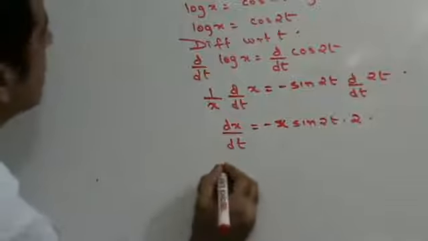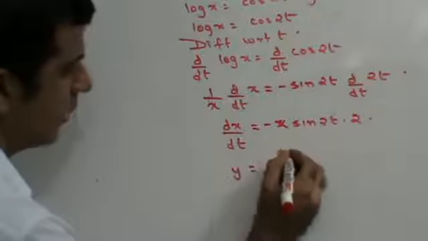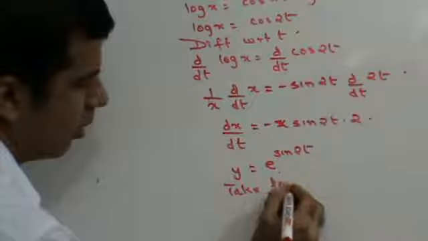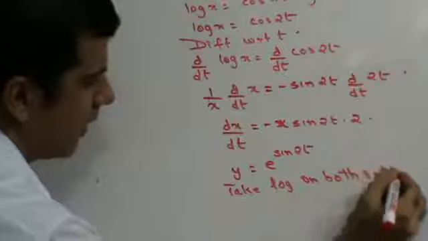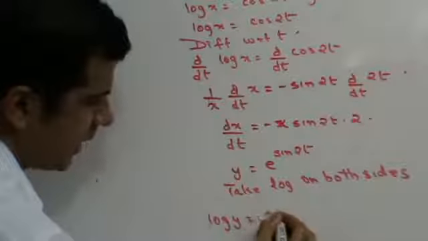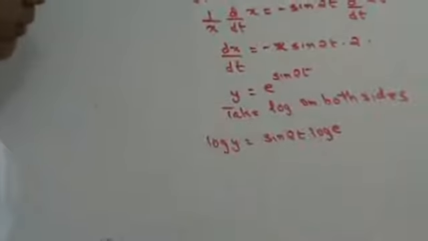Okay, next I have y is equal to e raised to sin 2t. Variable in the indice, take log on both sides. If I take log on both sides, I will get log y is sin 2t log e. I have brought the indice before the log.